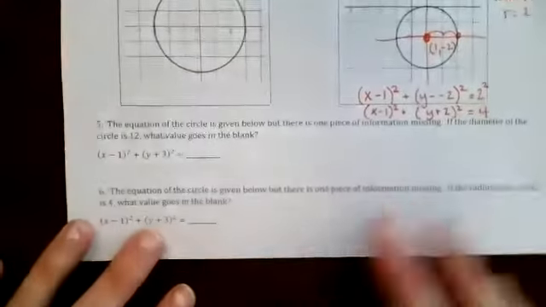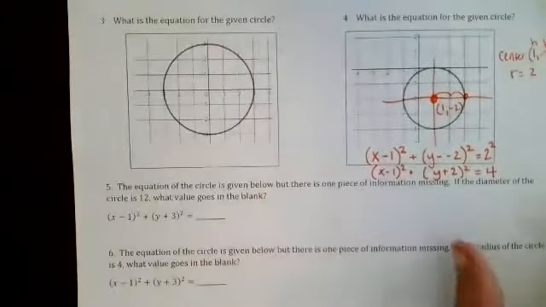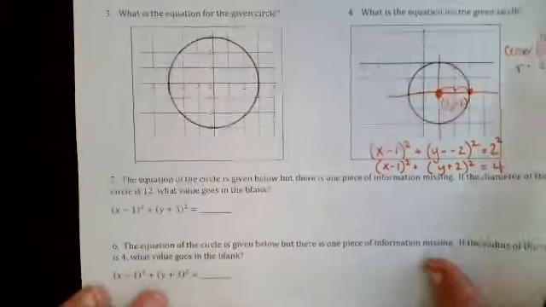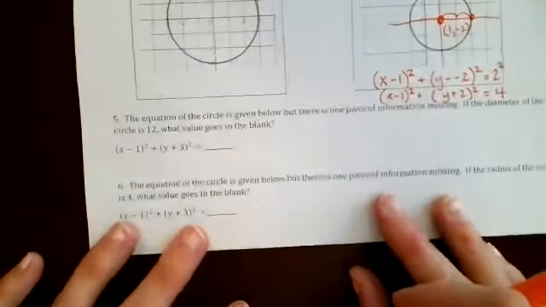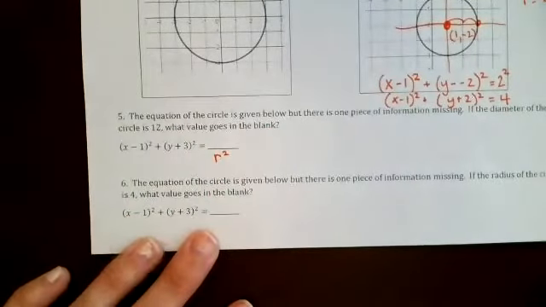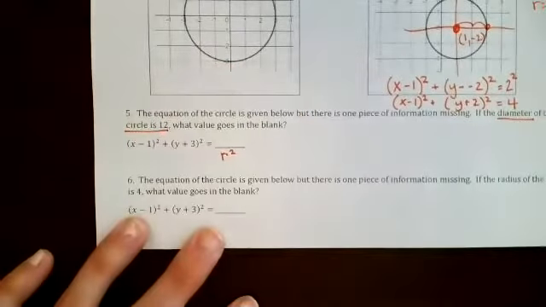All right, the next one. The equation of the circle is given below, but there's one piece of information missing. The diameter of the circle is 12. What value goes into the blank? So we know our blank here is supposed to be r squared. This says diameter of the circle is 12.